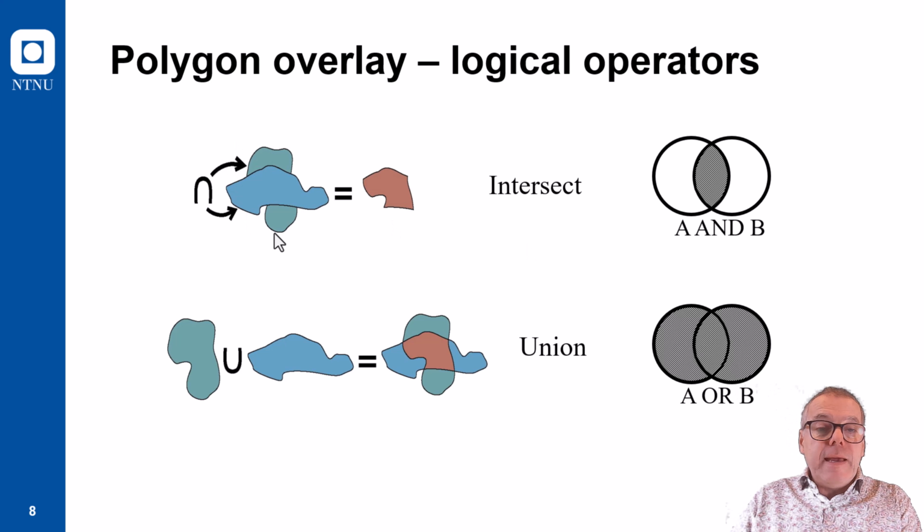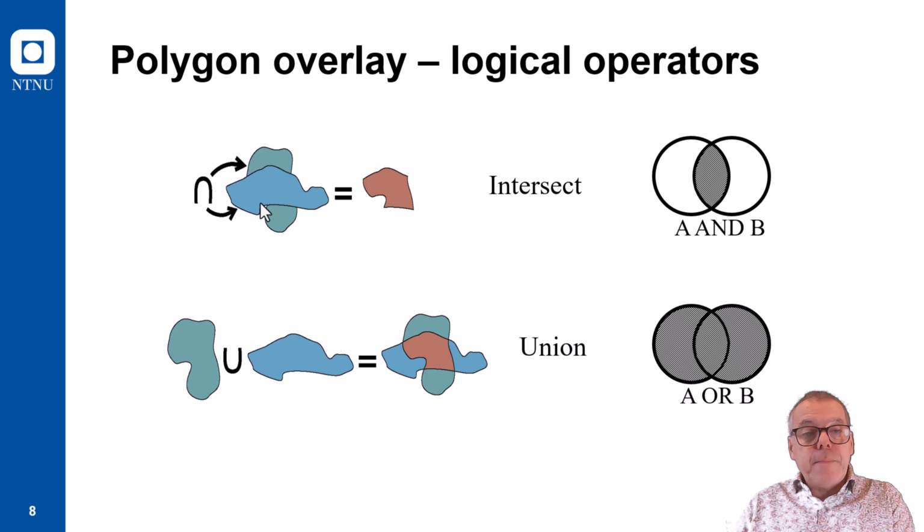So if we illustrate this using map layers, we have two sets here, which are two layers which are combined in an intersect overlay, and then only the common area of the two results, doing an intersect. So just as the AND operator is illustrating.